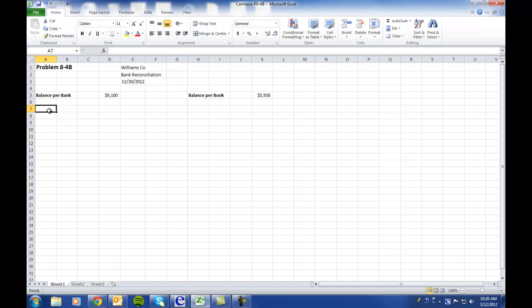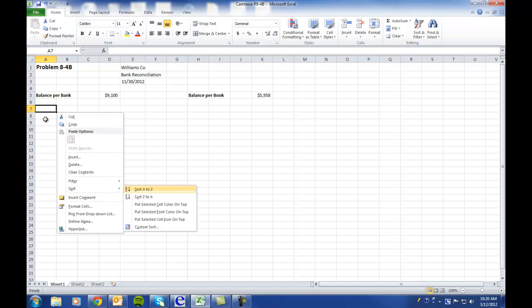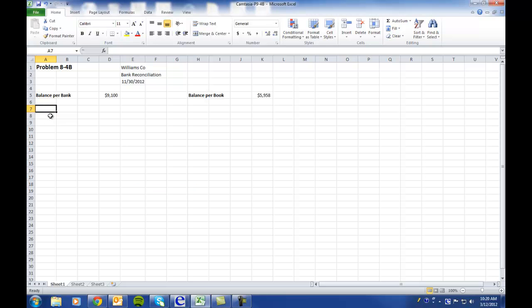checks. Okay, so if we start off at the bottom of page 404, all we want to do is look at the listing of outstanding checks beginning with check number 2451 and just examine the bank statement to make sure that they've been cleared by the bank. So if we start off with outstanding checks, and these will be deductions from the bank balance.